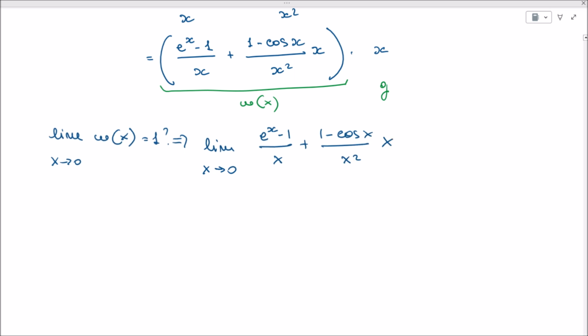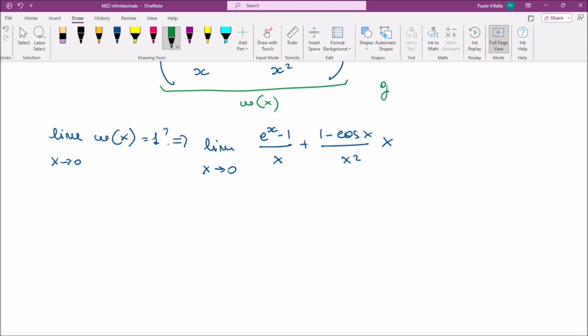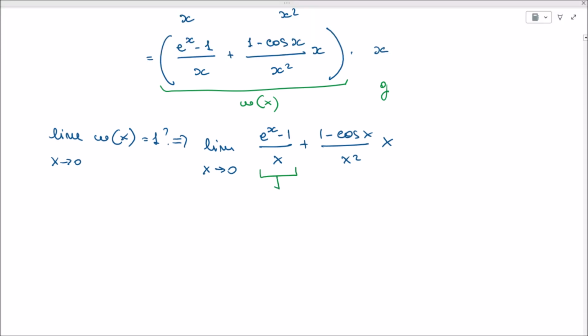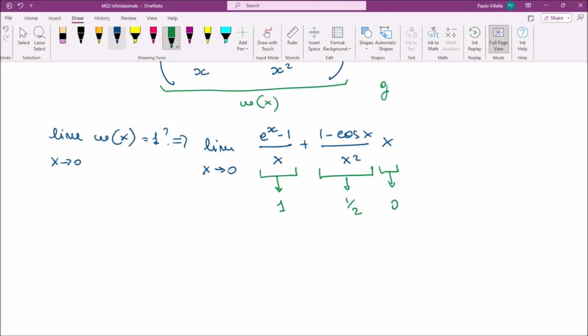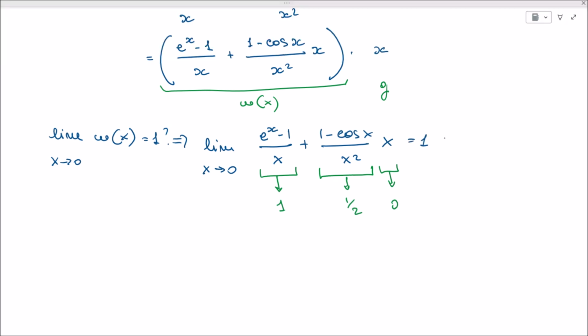Now what do we have? Well, we have that this tends to 1. This tends to 1/2, but this tends to 0. So clearly this limit is equal to 1, which is exactly what we wanted to prove.